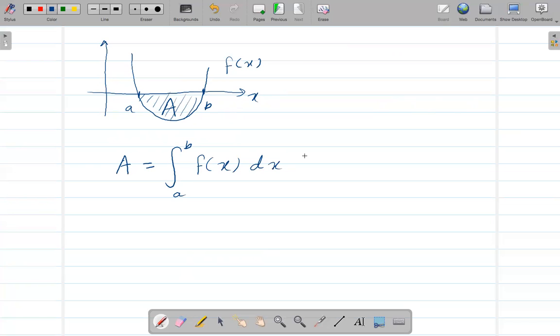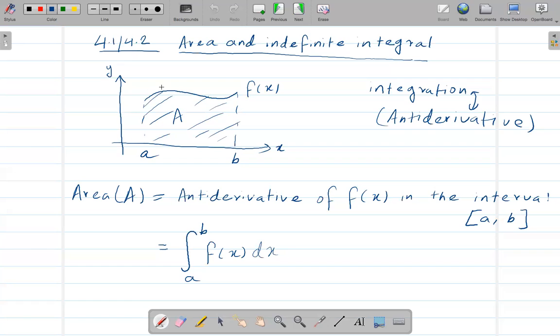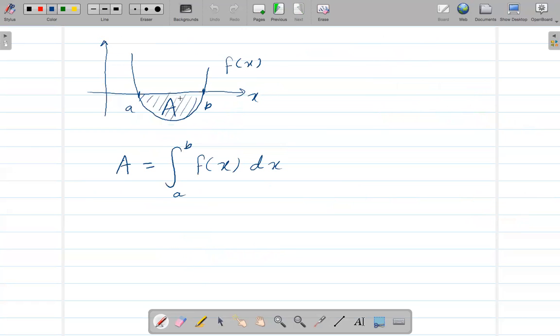Now the thing is, if you compare this graph and this graph, you see that this graph is above the x-axis, right? And this graph is below the x-axis. So here, that means our area here, we need to consider as a negative area, okay?